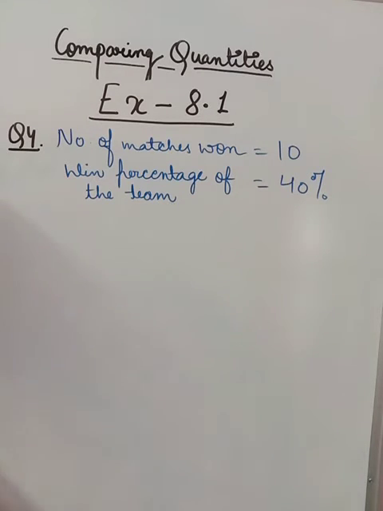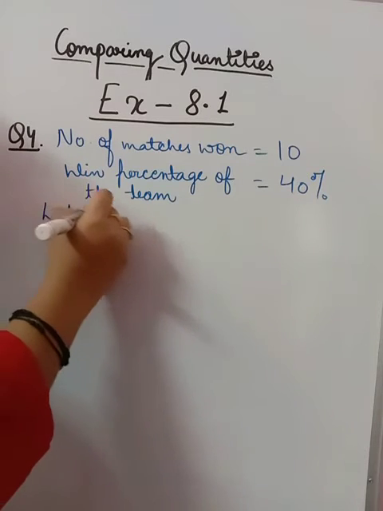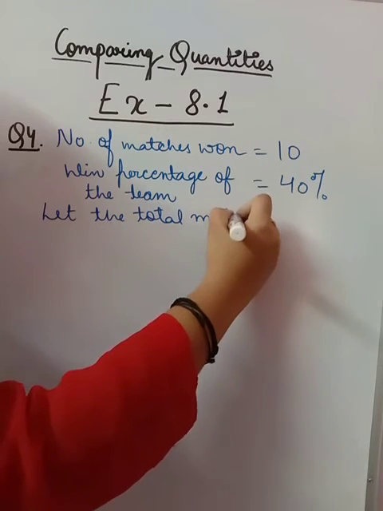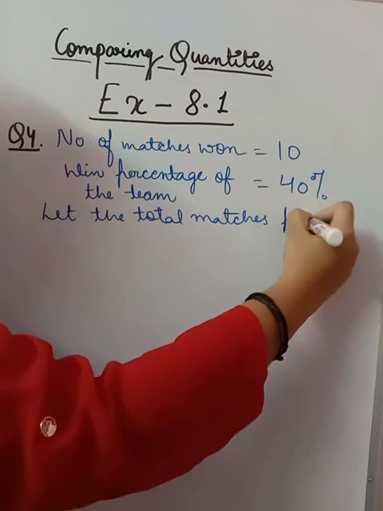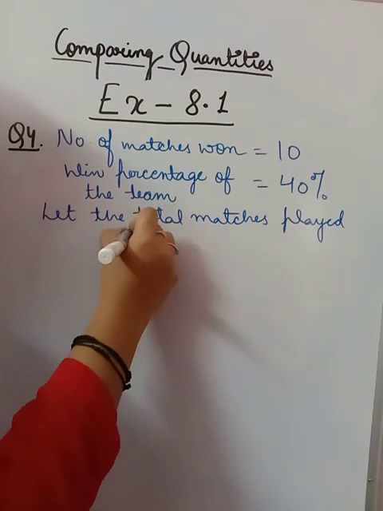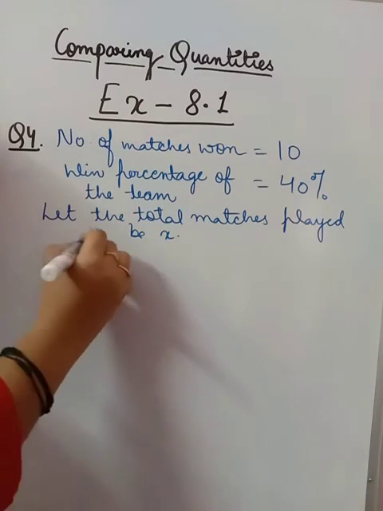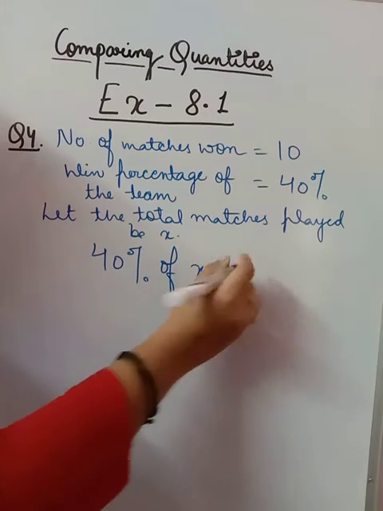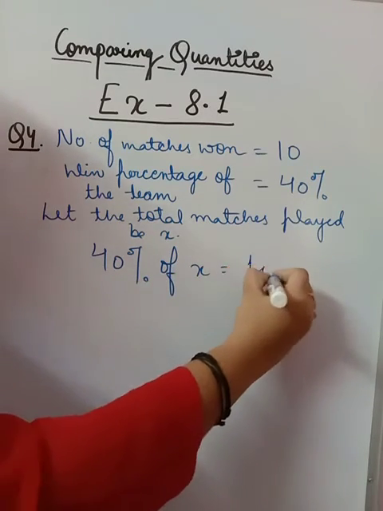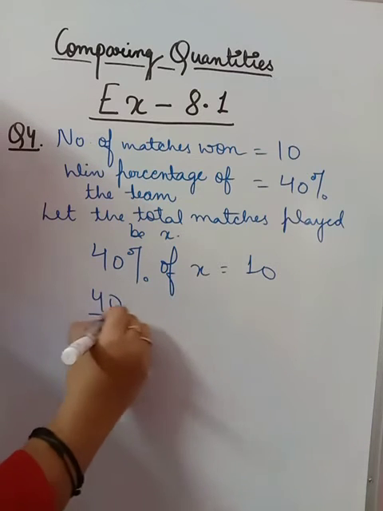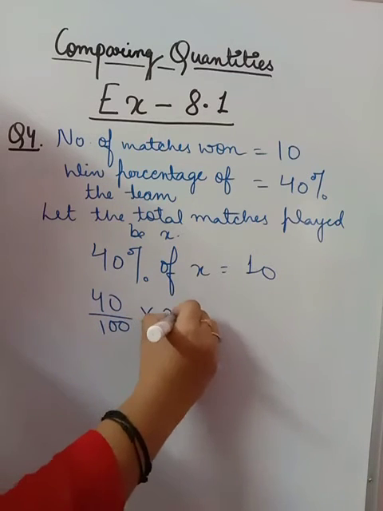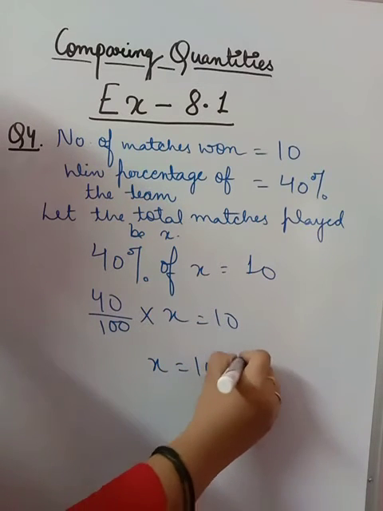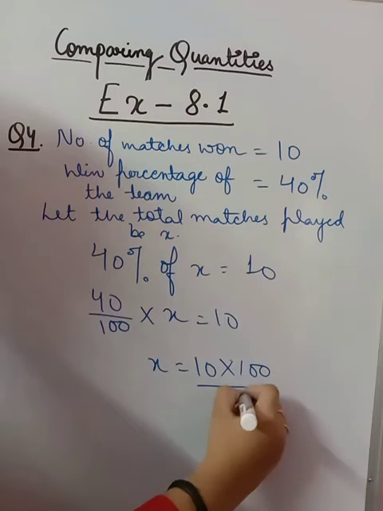So we will write, let the total matches played be X. Okay, so we will take the total matches to be X. So it is given that 40% of X, that is the winning percentage of the total matches, is equals to 10. So we will convert 40% into fraction. So we will get X equals to 10 into 100 upon 40.